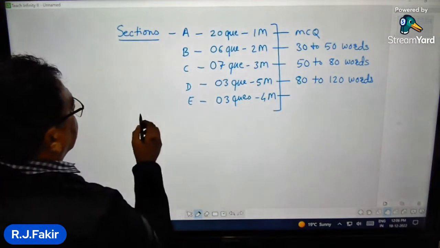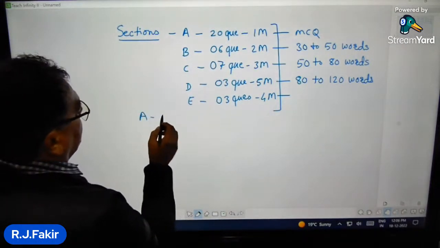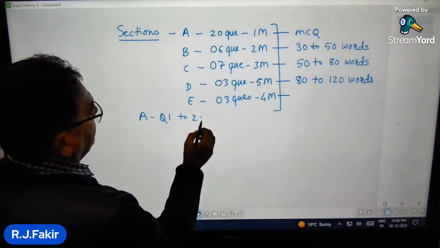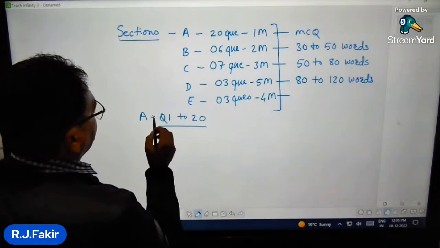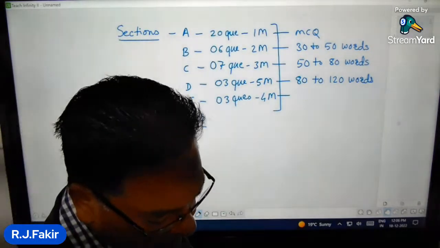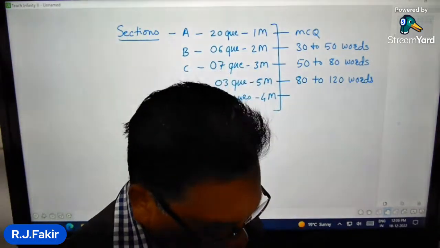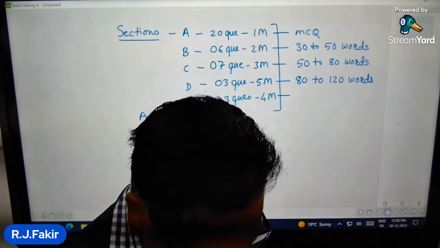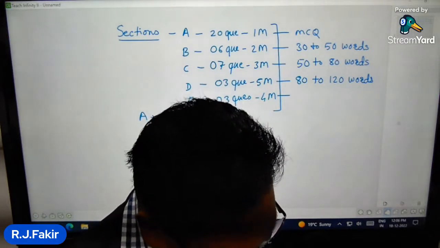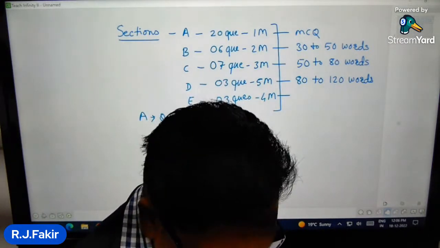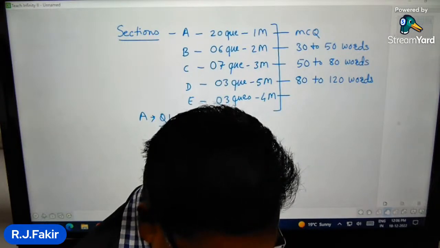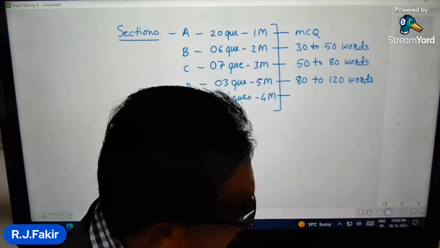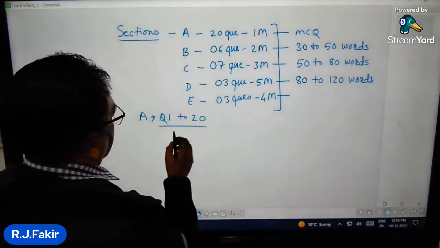This section A will be having question number 1 to 20, total 20 questions. And in this one, 17, 18, 19, 20. 17 to 20 question number.